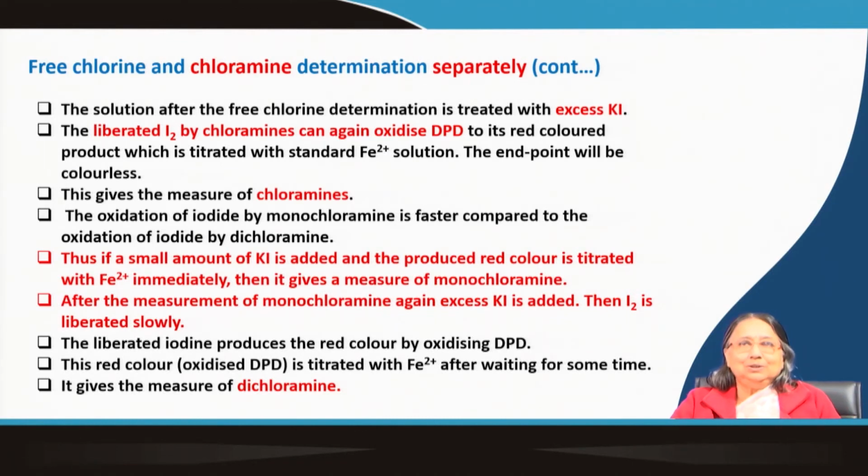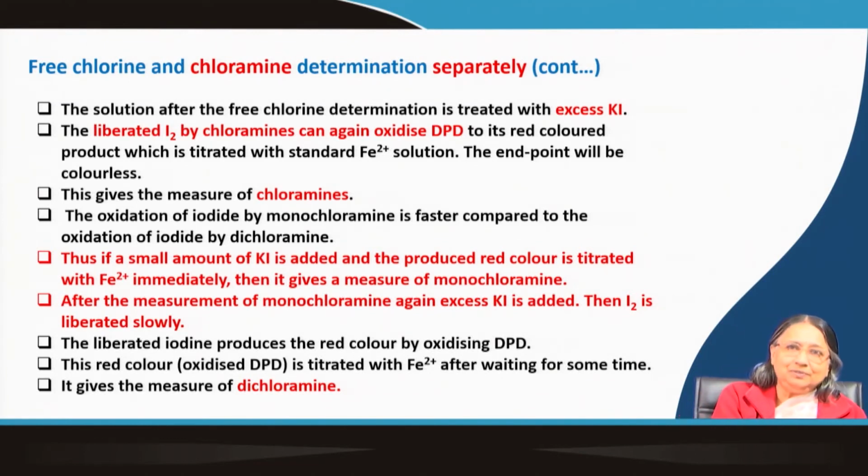So, the same method you are using, DPD is the reagent you are using to determine free chlorine first. It is direct, no KI is added, then you are finished. Then dichloramine and monochloramine are not coming into the picture. Now, you are adding KI.